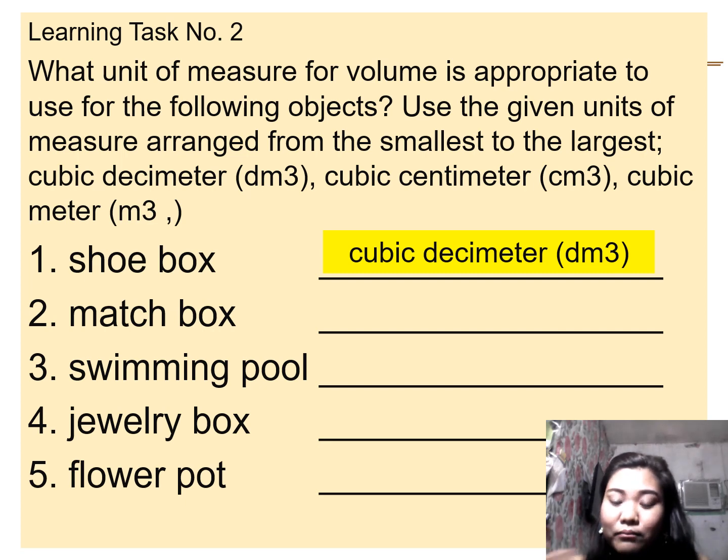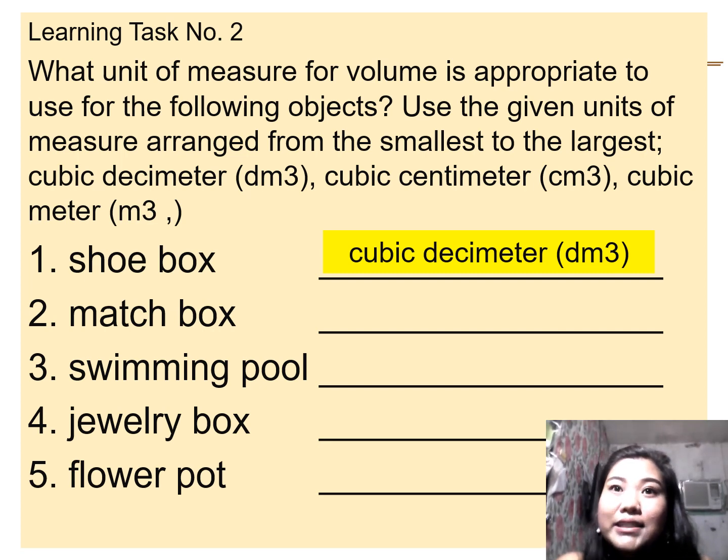For very small things, first we use millimeters. Second, for small, centimeters. The third one is decimeter, then meter, then kilometer.